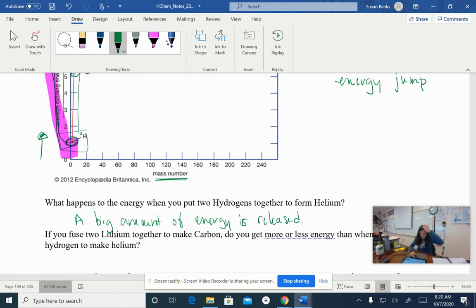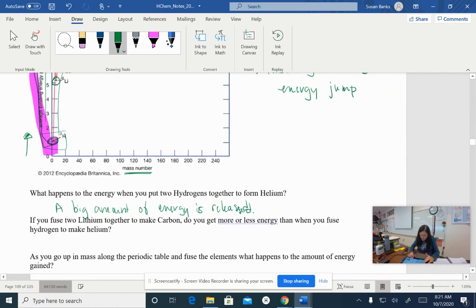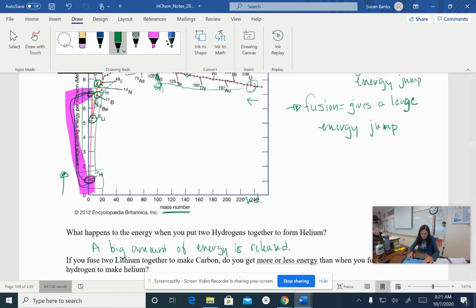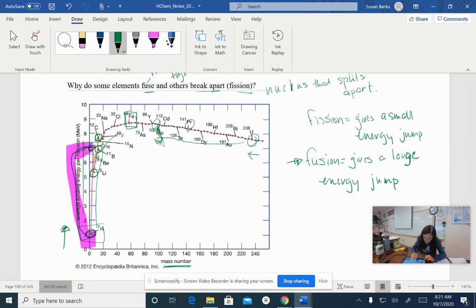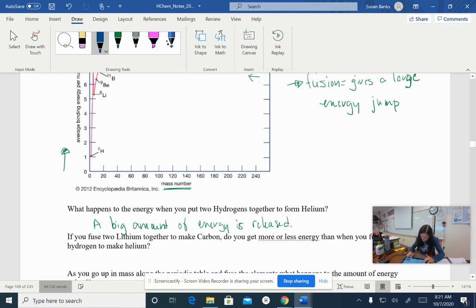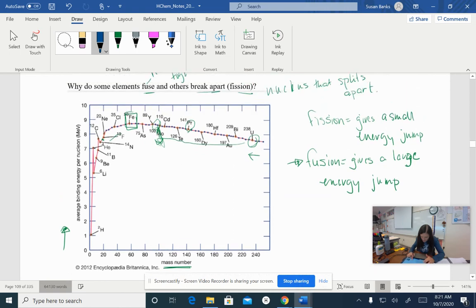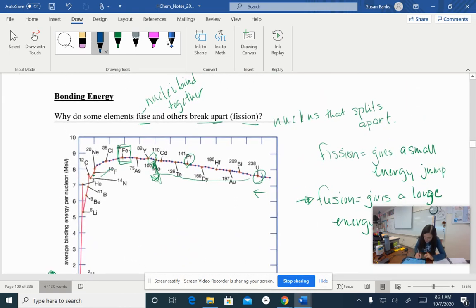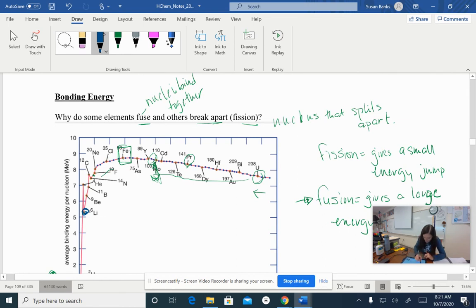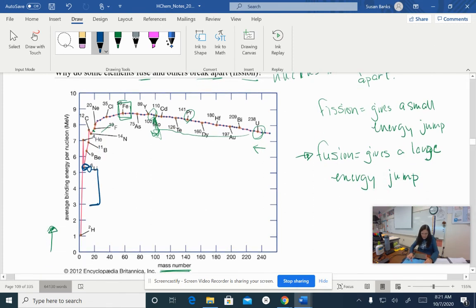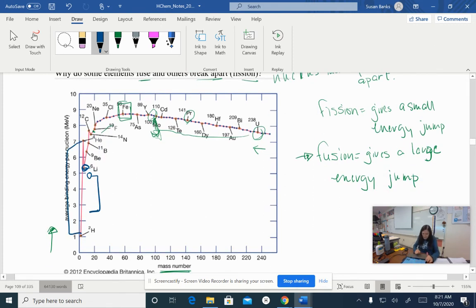Okay? If I fuse two lithium together to make carbon, do I get more or less energy than when I fuse hydrogen to make helium? So when I fuse lithium together, let's look at this again. Let's erase all this nonsense. When I look at lithium and I fuse it together to make carbon, so if I'm taking two lithiums together and I'm making carbon, do I get nearly the same amount of energy released that I did when I fused two hydrogens together?